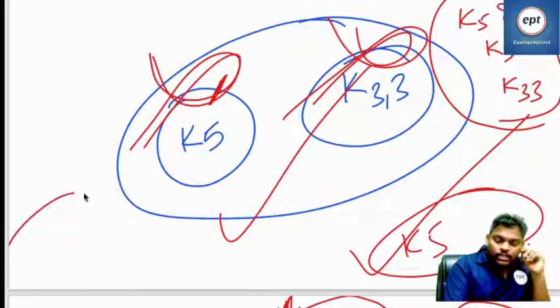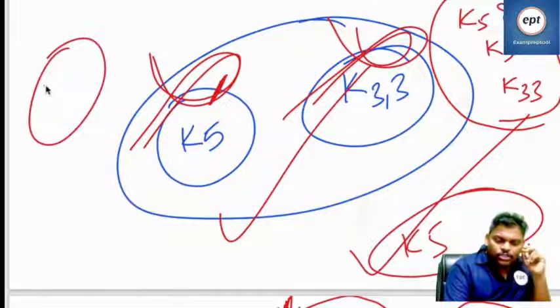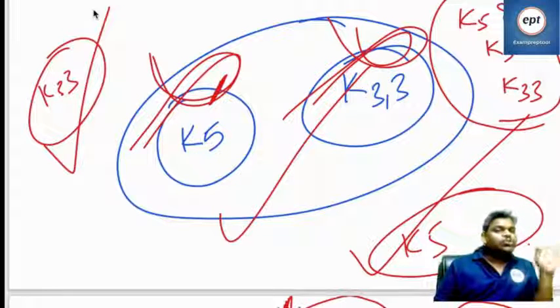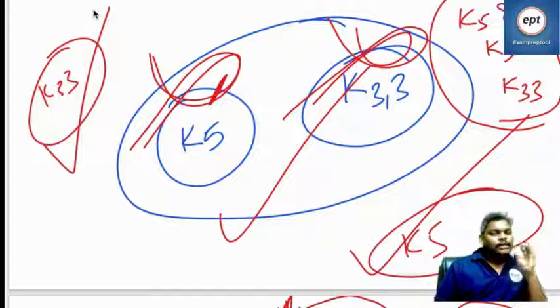Only K33 there, still planar. Only K5, it is planar. No, if both, no one should be there. Neither K5 nor K33.